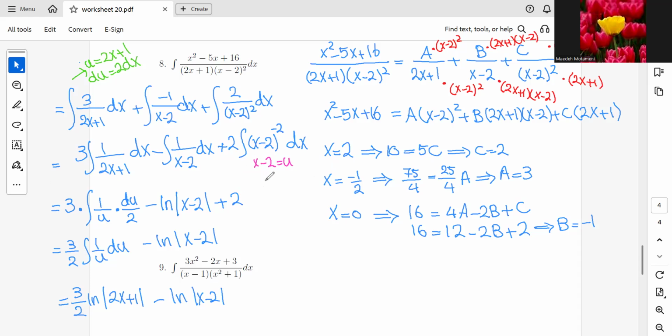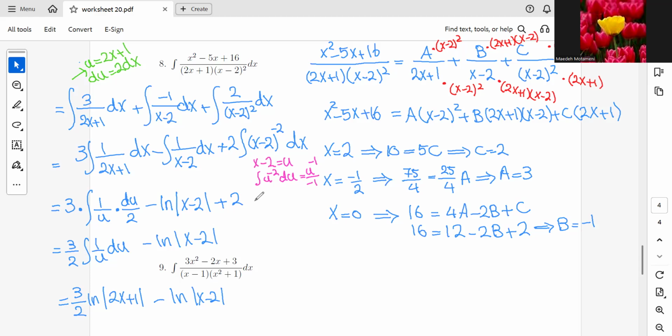So I would have the integral of u to the power negative 2 du, which will be u to the power negative 2 plus 1, which is negative 1, over negative 1. And we know that u is x minus 2.